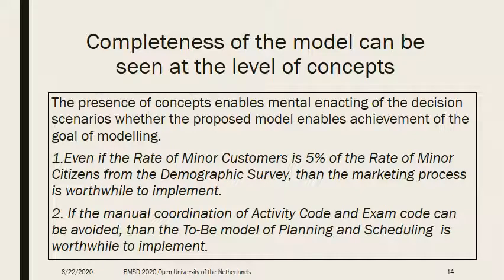In the first case, if the rate of minor customers is 5% of minor citizens, then the marketing process is worthwhile to implement. In the second case, if the manual coordination of activity code and exam code can be avoided, then the to-be model of planning and scheduling is worthwhile to implement.